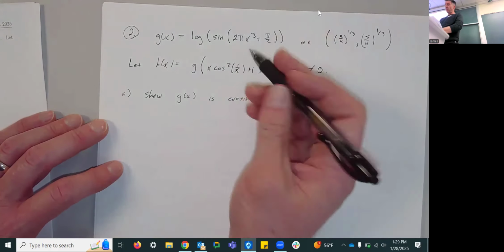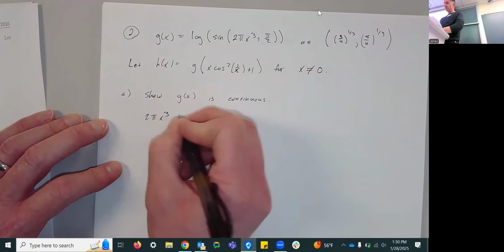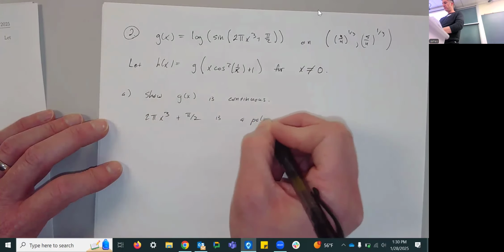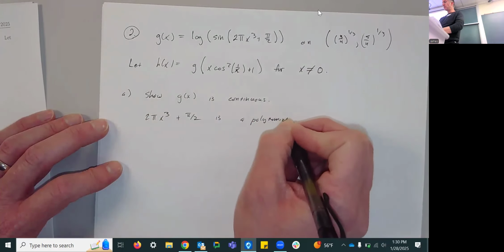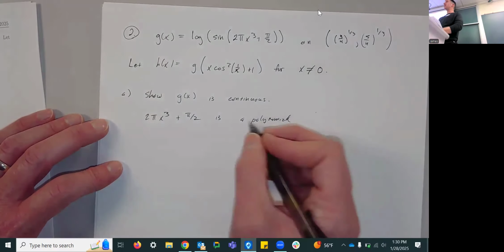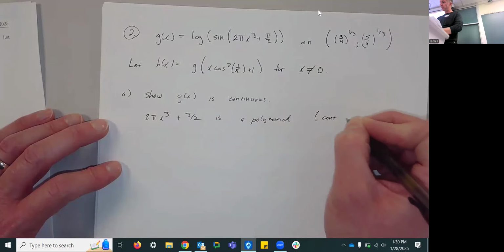So I would point out 2 pi x cubed plus pi over 2 is a polynomial. It's a weird polynomial, right? It's got atypical coefficients, but it's still a polynomial and is therefore continuous everywhere. I think you probably should say that.